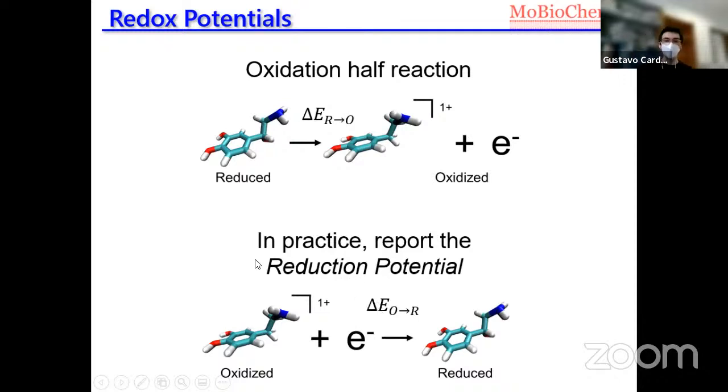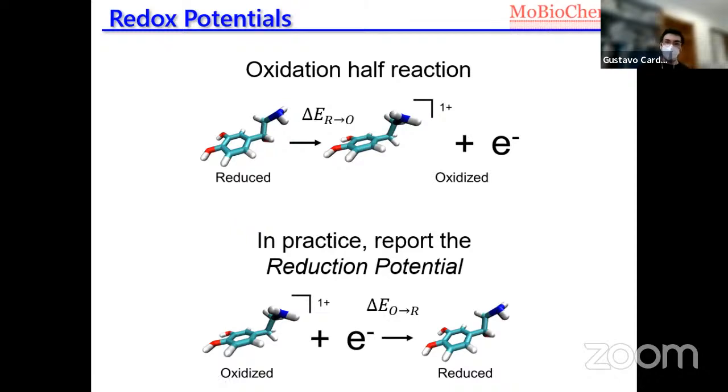So by convention, people always report these potentials as reduction potentials, referred to the reduction reaction. Although the process we're going to study is the oxidation, we will compute these redox potentials like this: reduced species minus the oxidized species.